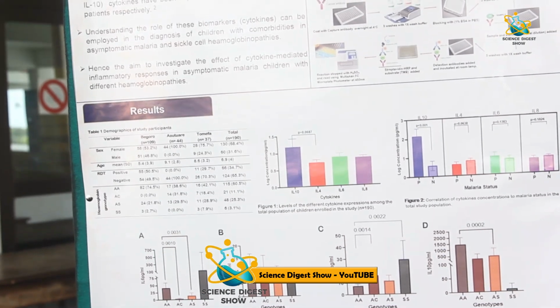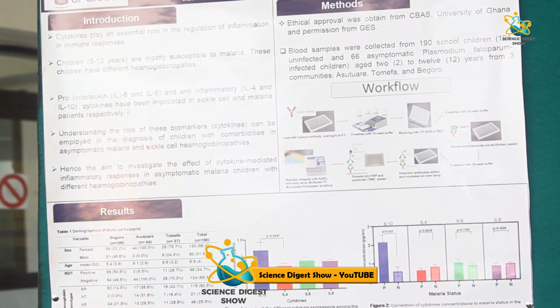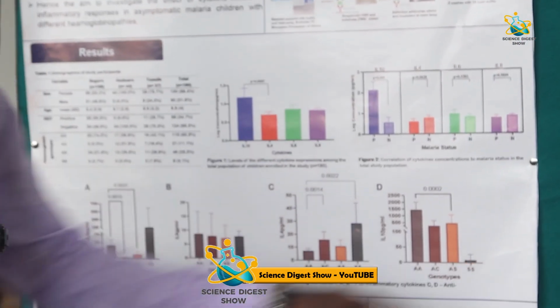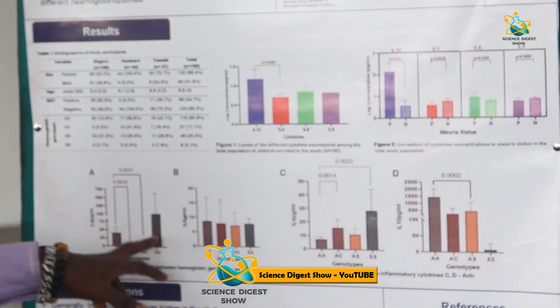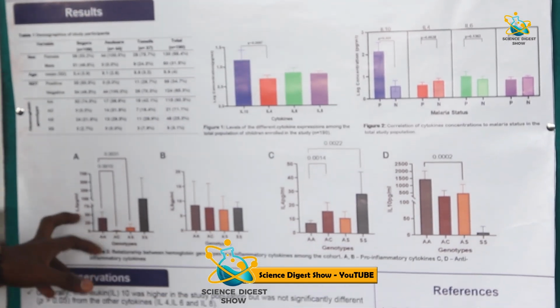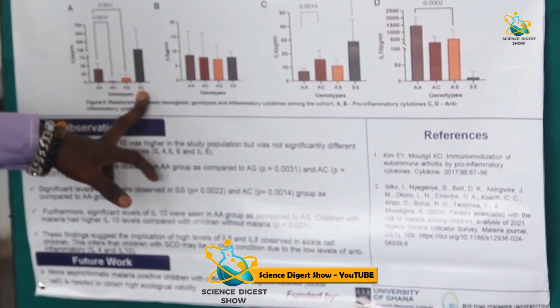Notably, individuals who are HbSS have little or no IL-10, which will also not be enough to counter the effect of the IL-6 seen in the sickle cell anemic patients.